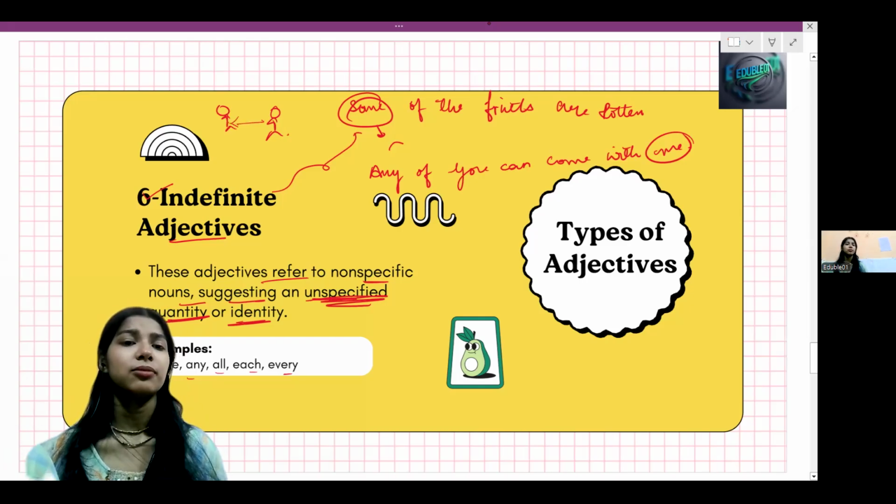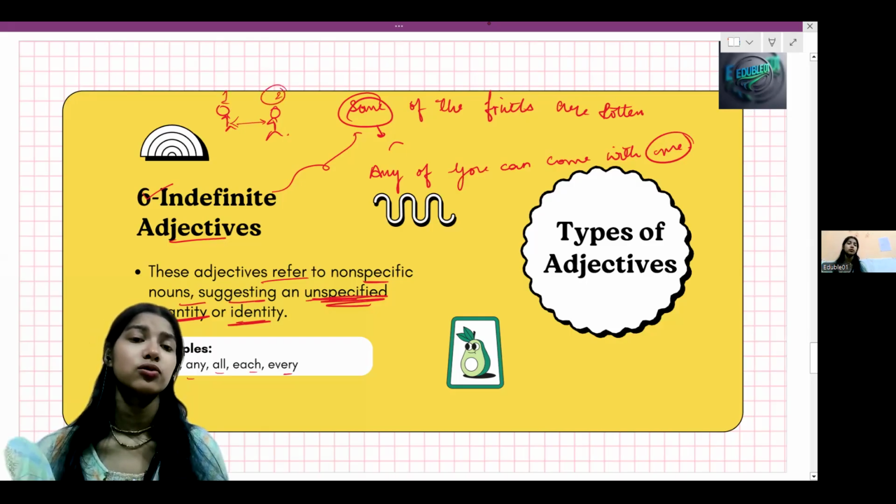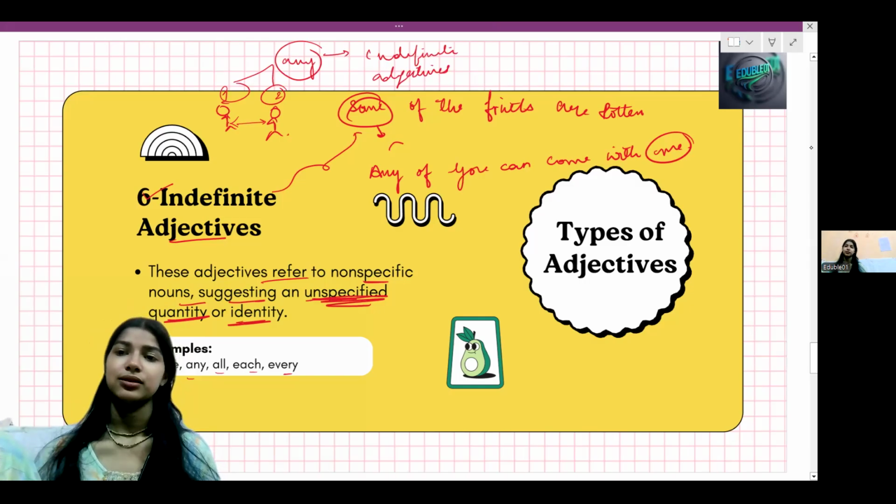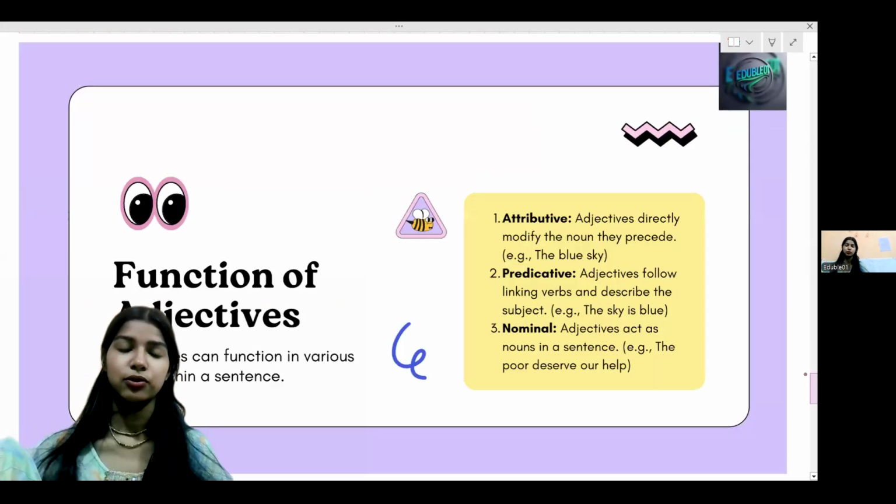So they have to decide in between. I'm not specifying that girl number one has to come with me or girl number two has to come with me. I'm just saying that any of you can come with me. So the word any over here is the indefinite adjective. Okay, kids?